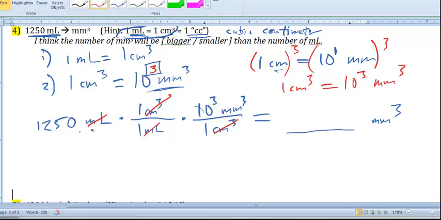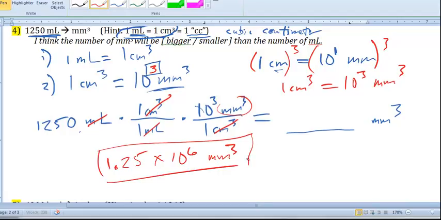And so now we're left with, when you multiply 1250 times 10 to the third, you get, in scientific notation, 1.25 times 10 to the sixth, and that's millimeters cubed. Okay, so there we go. That's how you approach that problem.